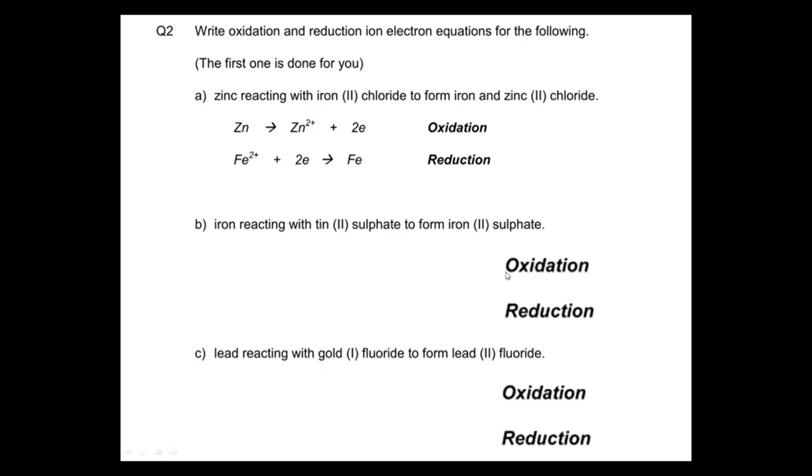So you need to write down the equation for iron reacting with tin sulfate, to form iron 2 sulfate. So what is the oxidation? What is the one which is the metal that turns into the ion? We have iron.